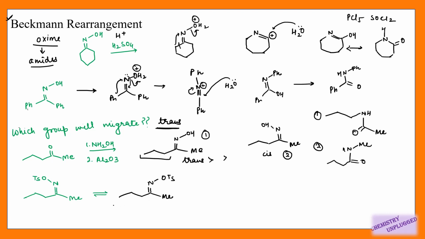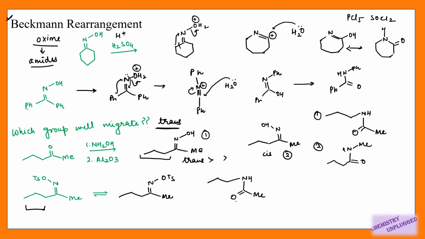So it is difficult to decide which group will migrate, because this molecule is rapidly interconverting between cis and trans. So if such type of situation is there, then you have to migrate a group which can better stabilize the positive charge. Means this n-propyl group can better stabilize the positive charge than methyl. So it will preferentially migrate. So we will get this molecule.